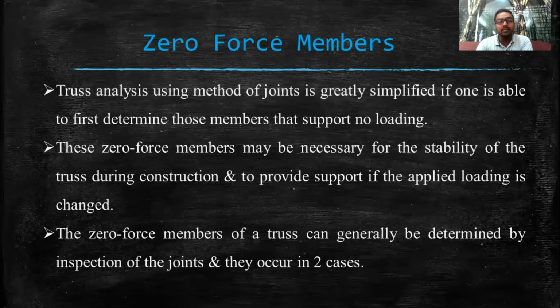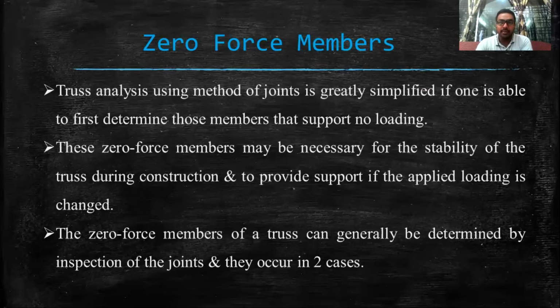At the same time, in some structural analysis problems, we may see that a particular structure is unstable, so in order to provide stability, sometimes we provide extra members, and those members do not support any kind of loads. Those are the zero force members. And why we provide zero force members, I have already discussed.